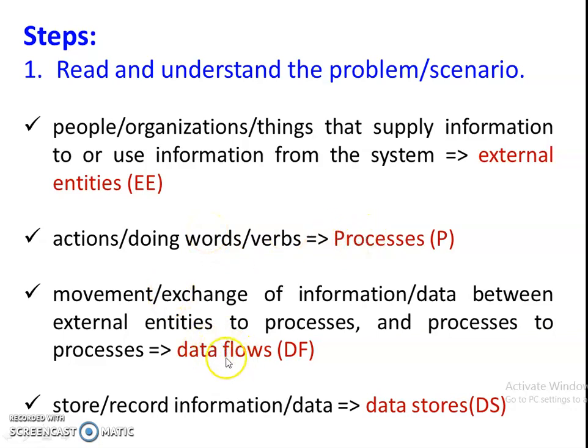And you have also to know what are the data flows. The data flows can either be a movement or exchange of information or data between external entities to processes, and processes to another process, or a process to a data store. And you have also to identify the keywords that signify that you need to store, you need to record information, or you need to save the data, to know where are the data stores.